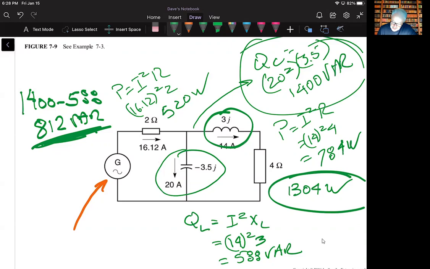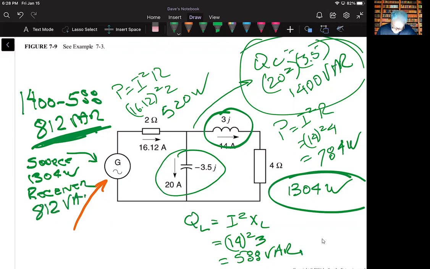So here is this generator, and it's doing two things. It's a source of active power of 1,304 watts, and it's a receiver of reactive power in the amount of the difference between 1,400 and 588, or 812 var.